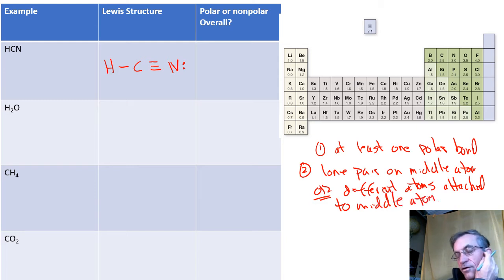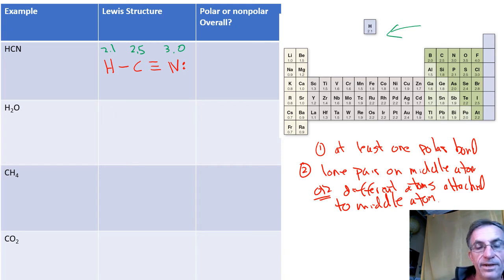How am I going to know if we have polar bonds? I'm going to subtract the electronegativities, so I'm going to look them up. Hydrogen is 2.1, I'm getting them off the table. Carbon is 2.5. Nitrogen is 3. We're going to look at each bond separately.